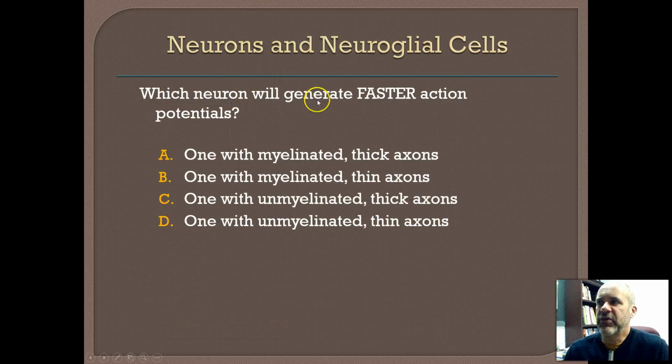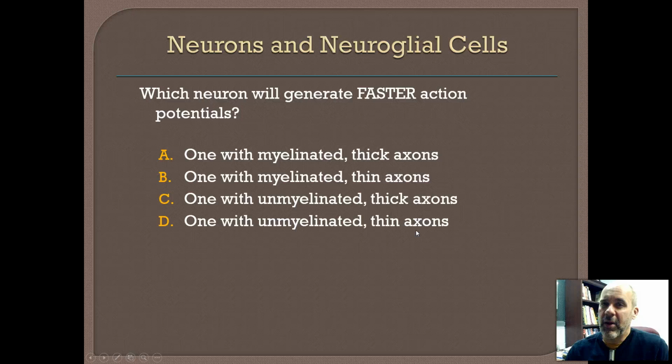All right, which neuron will generate faster action potentials? If you go back and review, not all axons of neurons have been created the same. One with myelinated thick axons, myelinated thin, unmyelinated thick, unmyelinated thin.